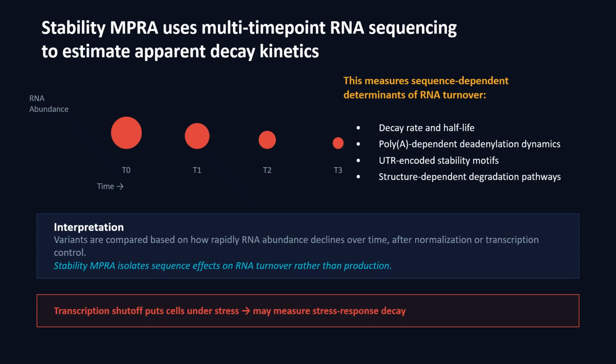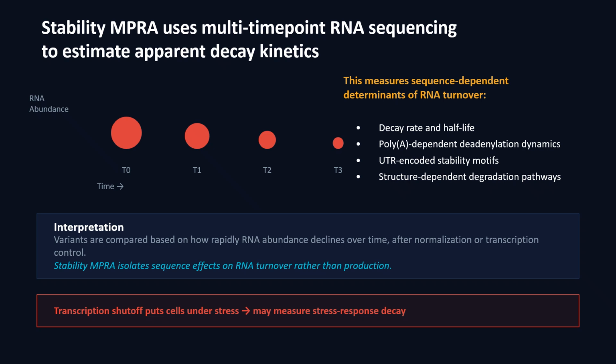These measurements capture sequence features that control RNA turnover. For example, poly(A) tail shortening often precedes degradation. So sequences that accelerate deadenylation tend to have shorter half-lives.